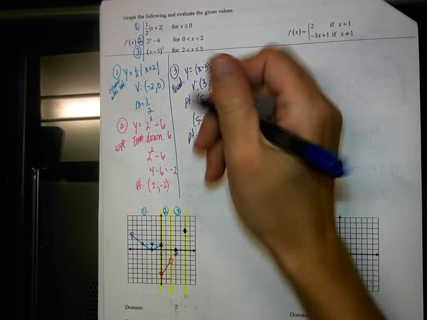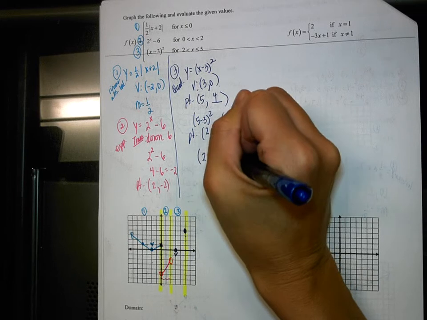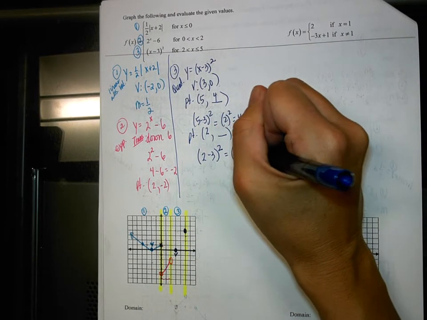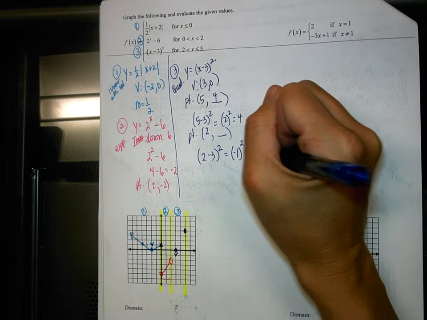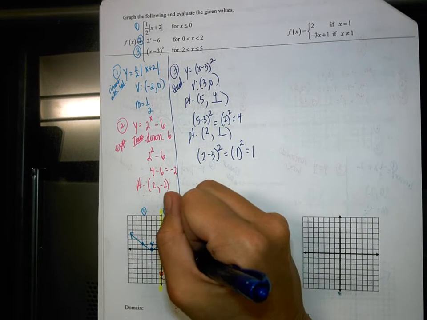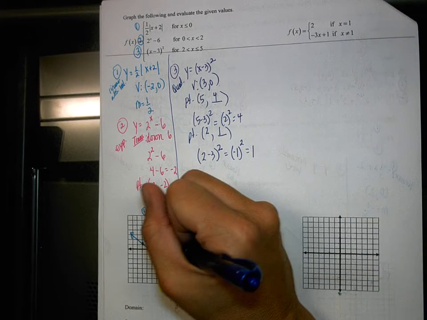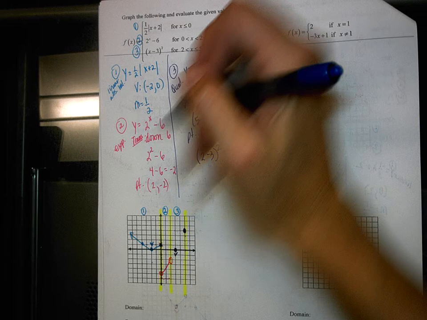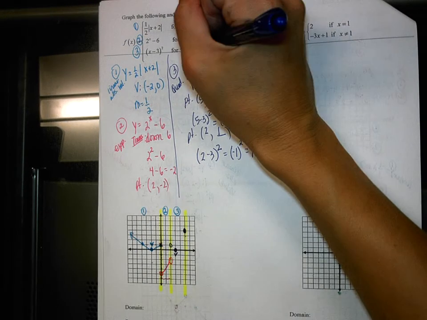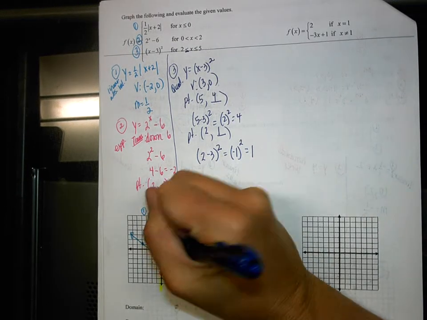And so when we do that, we plug it into our equation. (2 minus 3) squared. 2 minus 3 is -1, and -1 squared is 1. So 2, 1. And is that going to be open or closed? Open. Good. And actually, I think this should have been closed. We're going to go ahead and make this an equal to sign just to make it a function.